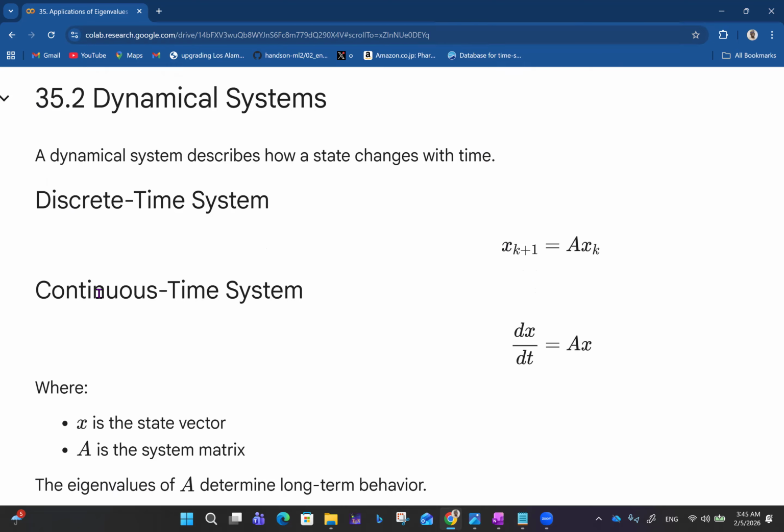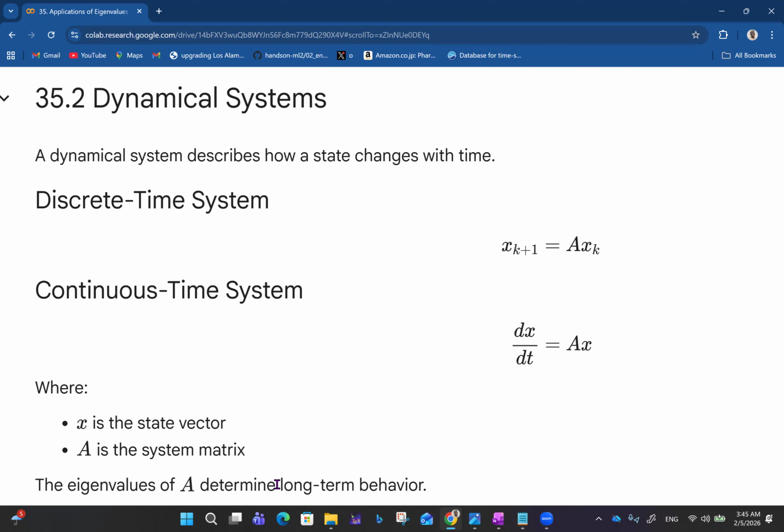And you can also have a continuous time dynamical system, where you can't really count, so everything just flows. In that case, you have dx/dt equals Ax, where x is the state vector and A is the system matrix in both cases.